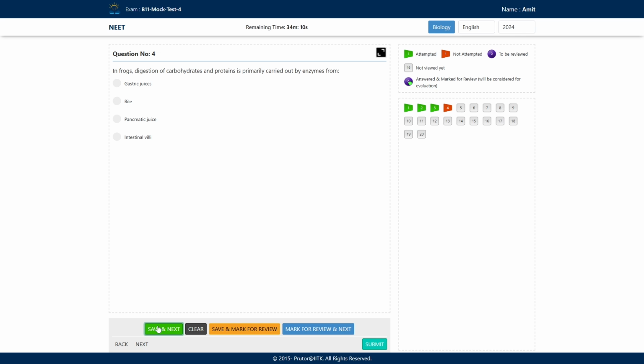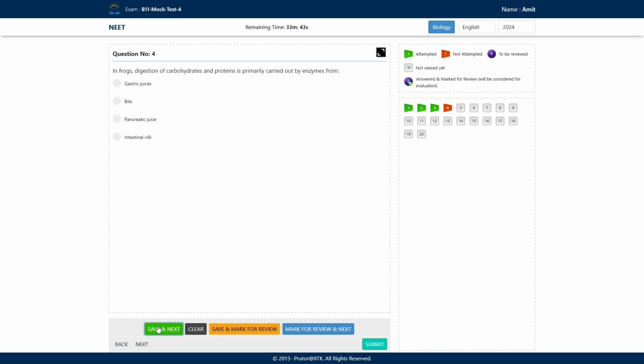In frog, the digestion of carbohydrate and protein is primarily carried out by the enzyme from A. Gastric juice, B. Bile, C. Pancreatic juice, and D. Intestinal villi. Which enzyme helps in the digestion of carbohydrate and protein?